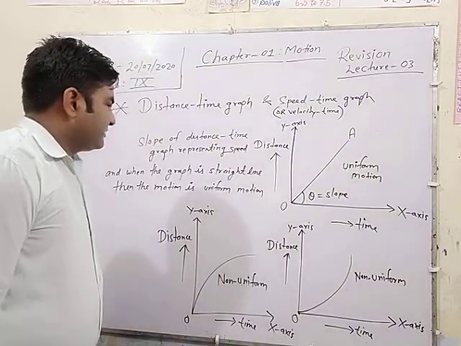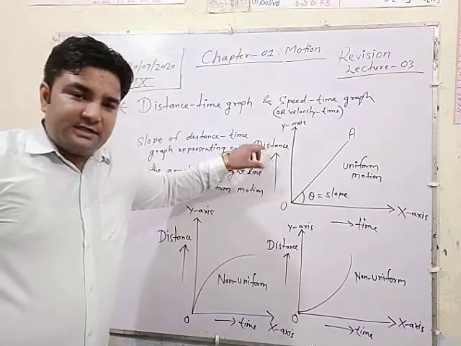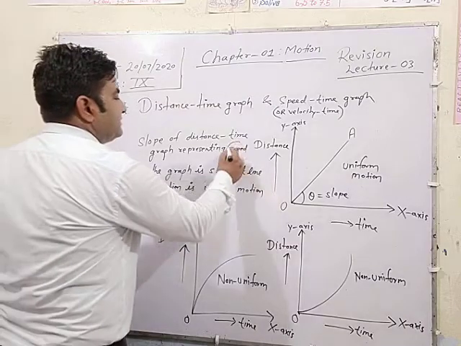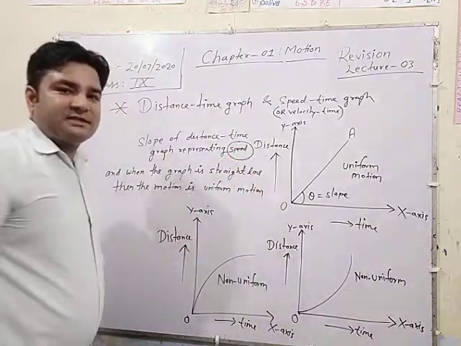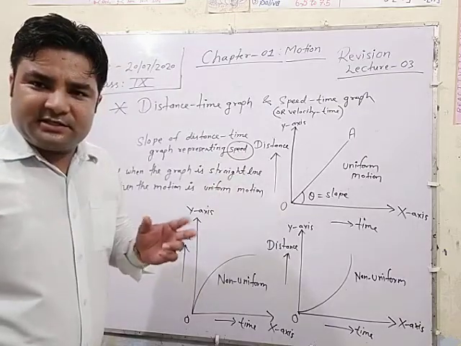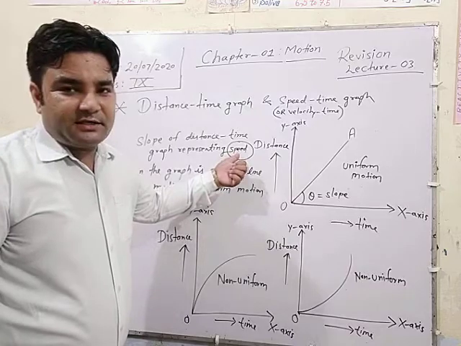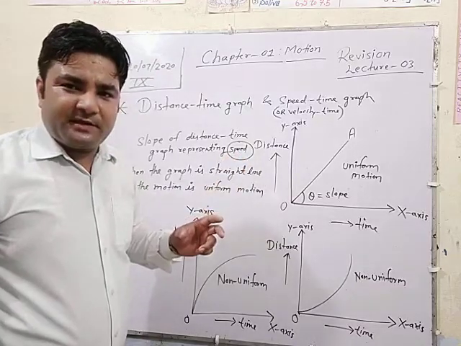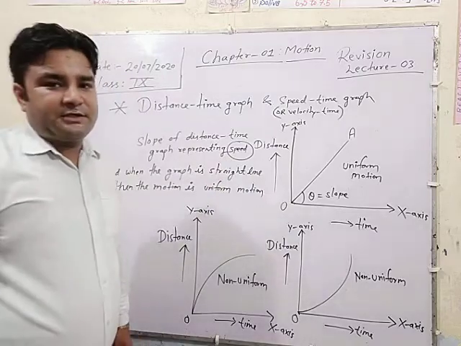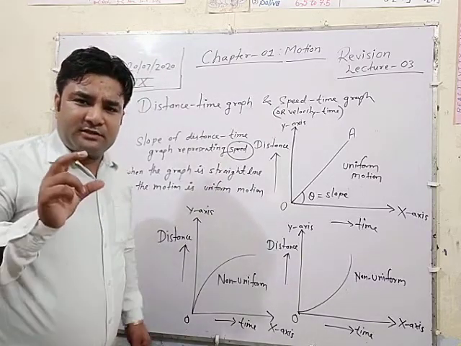Very simple concept. Just always remember, when we take distance, then the concept is speed, and when we take displacement, then the concept will be velocity, because distance is scalar, so speed is a scalar quantity. When we take displacement, that is a vector, then we obtain what? Velocity. And in which case is the motion uniform?